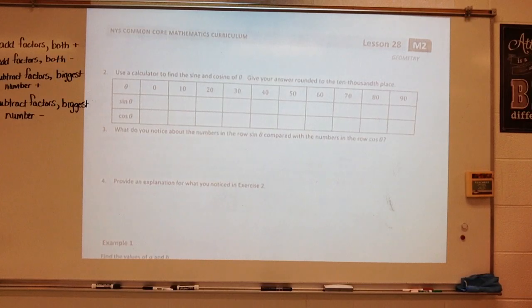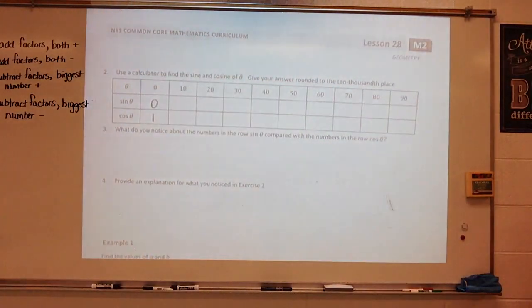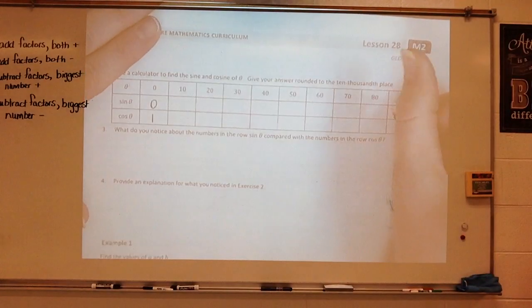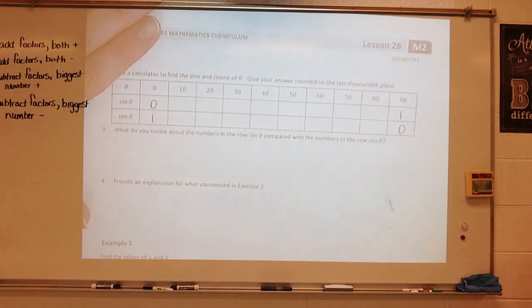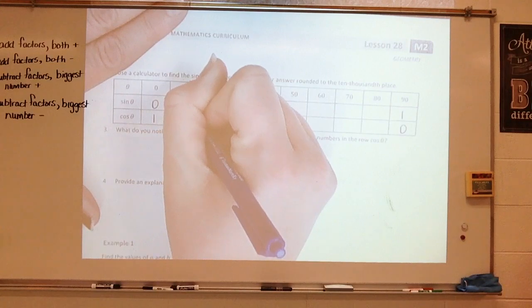We said in the last lesson the sine of a 0 degree angle was 0, and the cosine of the 0 degree angle was 1. And if you remember, the 90 degree was just the opposite. Alright? So the sine of a 10 degree angle, like I said, to the nearest 10,000ths place, let me go ahead and fill these in.